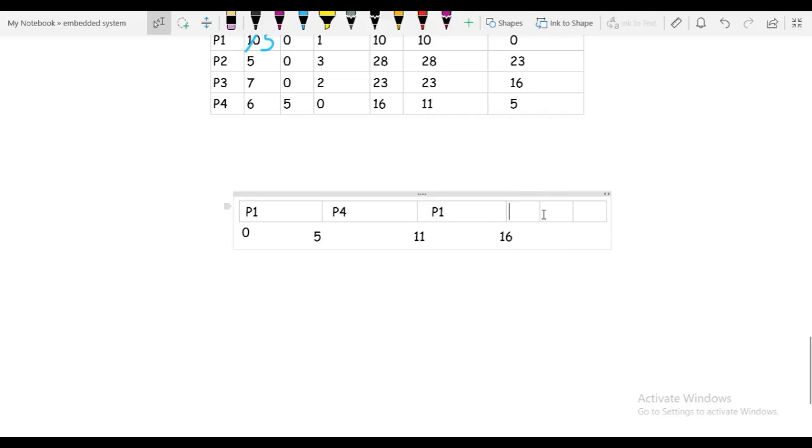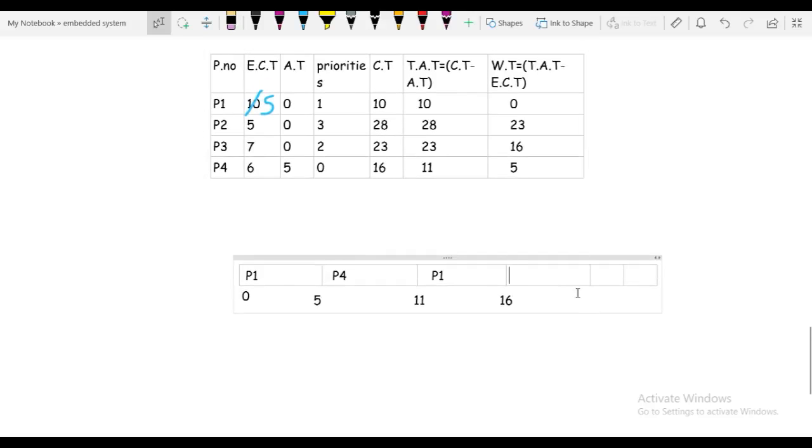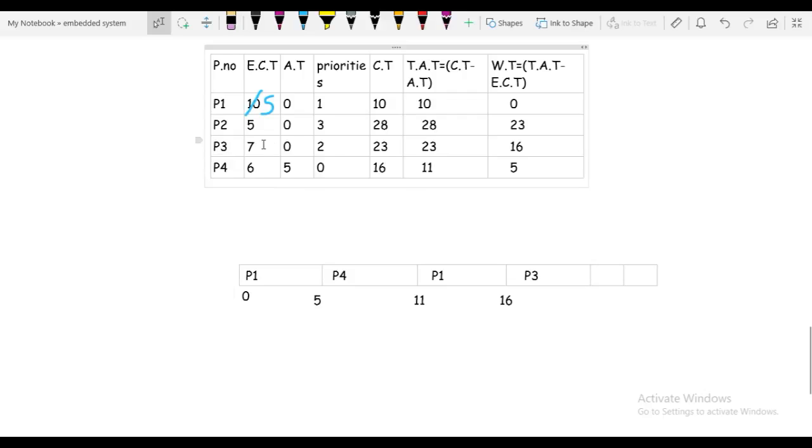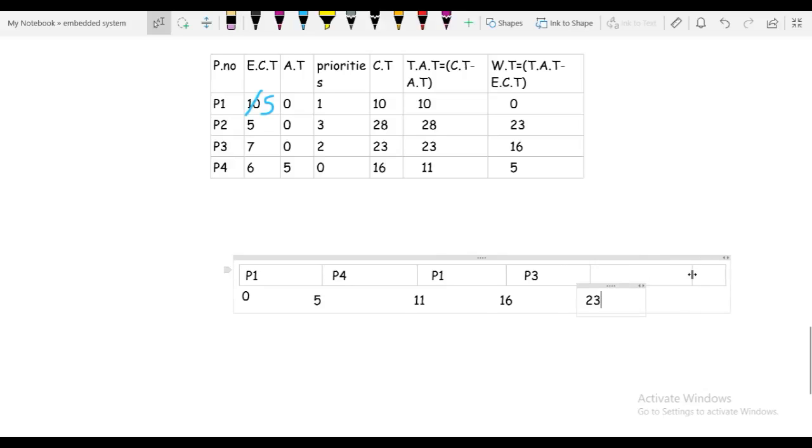Next we have P3 with the highest priority, so we'll execute P3 till 16 plus 7, that is 23, and then P2, 23 plus 5, that is 28, right?